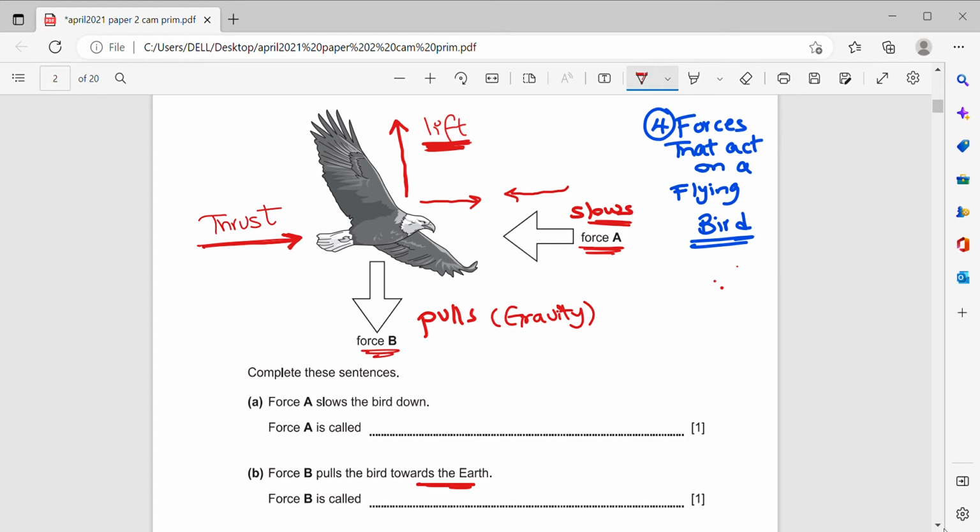What kind of resistance? Air resistance. So we have force A, air resistance, and force B that pulls it towards the earth, which is gravity.